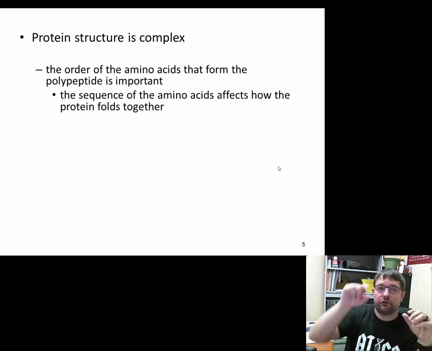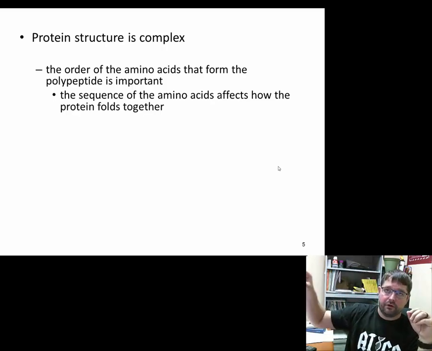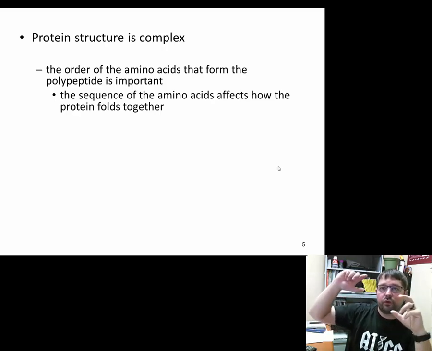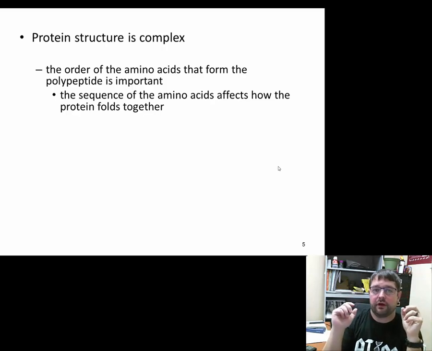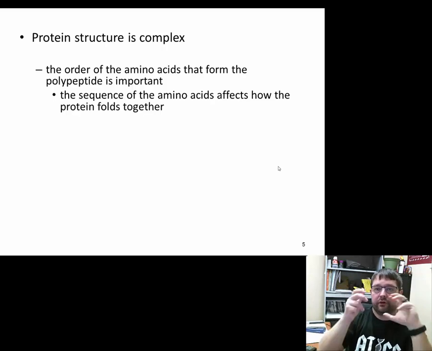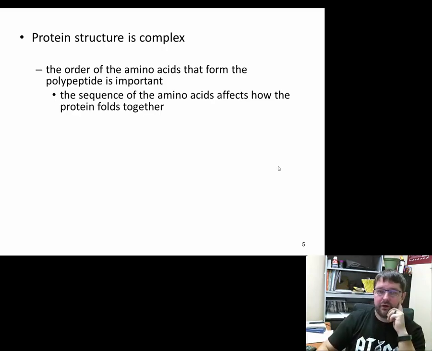So it's not just the order of the 20 amino acids, but how those amino acids can fold and twist together. We'll get to this in a little bit. That will determine what the protein looks like, and that would then determine what the structure looks like.